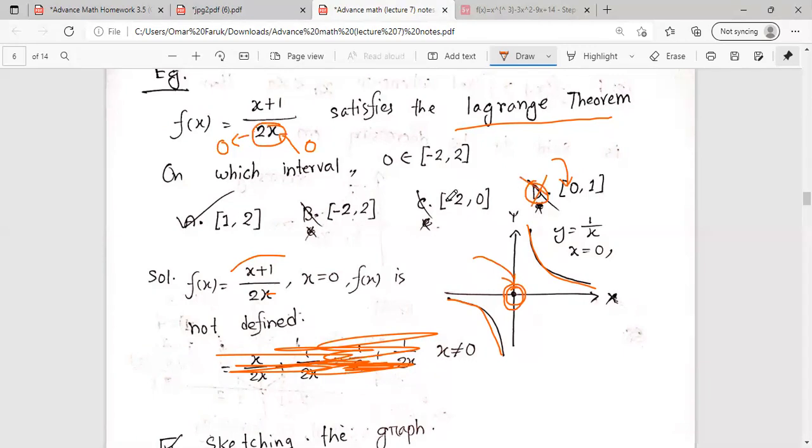That means cancel. Look at option C. We have a 0 here. That means cancel. Look at option B. It is minus 2, 2. That means we also have 0 here. In between minus 2, 2, we have 0. That means also cancel. So the answer is only A, 1, 2, because we don't have 0 here. Okay, Zakira, do you understand? Farin? Yes. Okay, thank you so much.